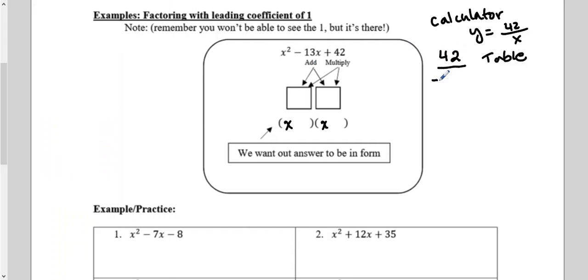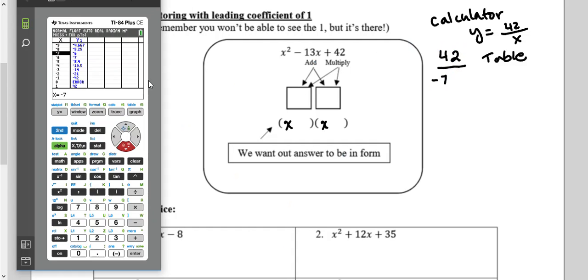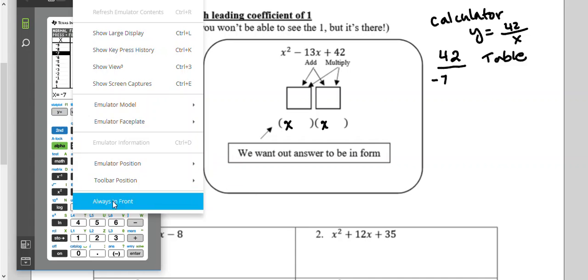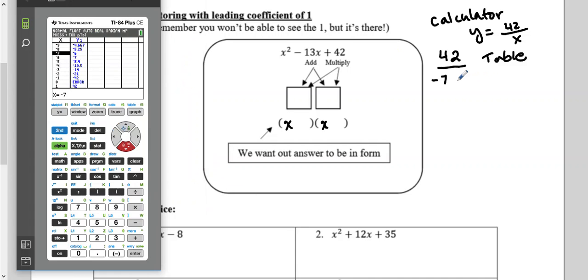So if I see here, I have -7, -6. We have here -6, -7. It's the same thing, I'm not going to write it. This is not going to work because it's a decimal, so let me go down here. -3, -14 works. -2, -21, and then 1 and 42.